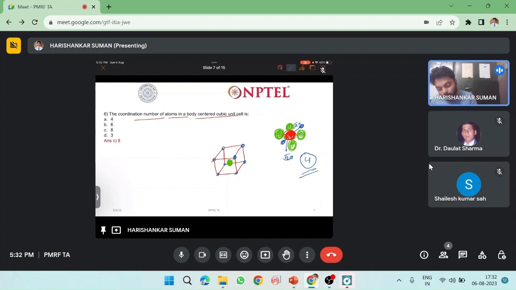So the answer is A and D. They violate the symmetry requirement of a cubic lattice, and it can be represented by a simple tetragonal lattice. Sir, I think we already discussed in class C-centered cubic.